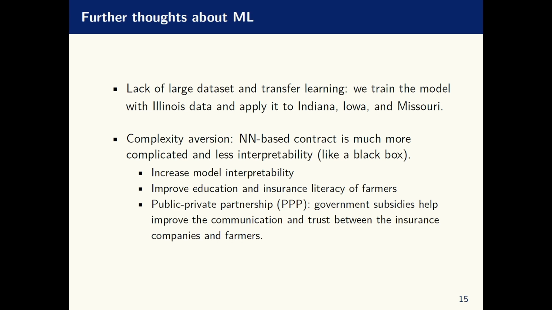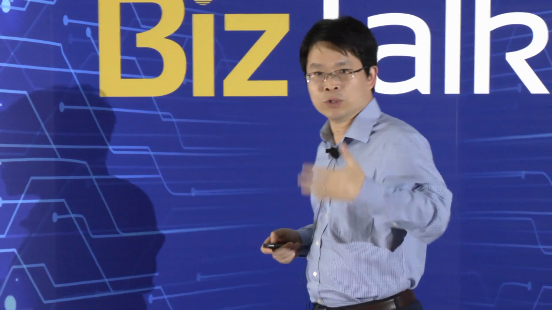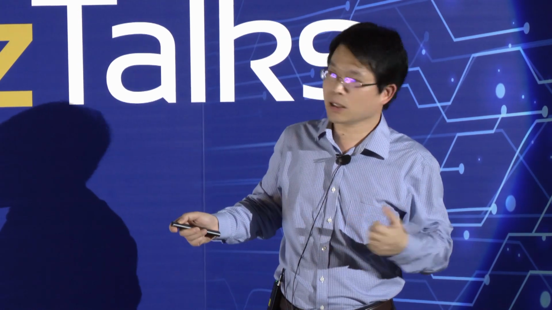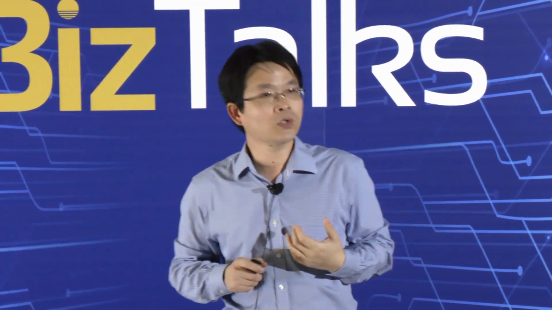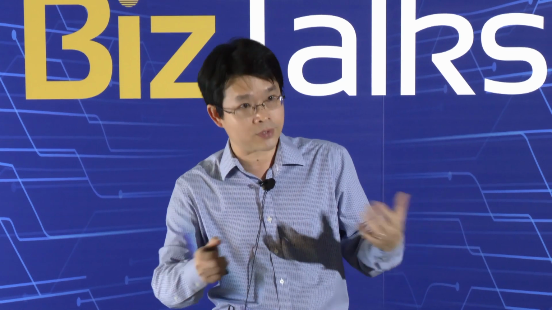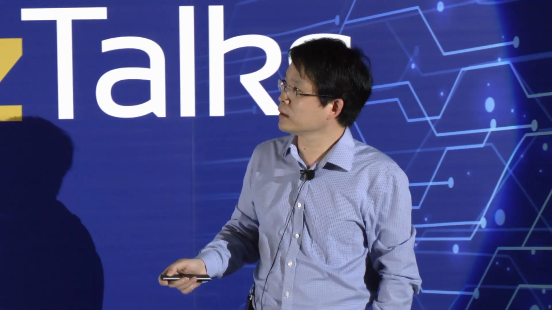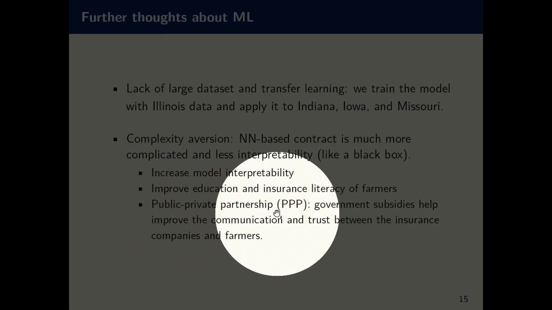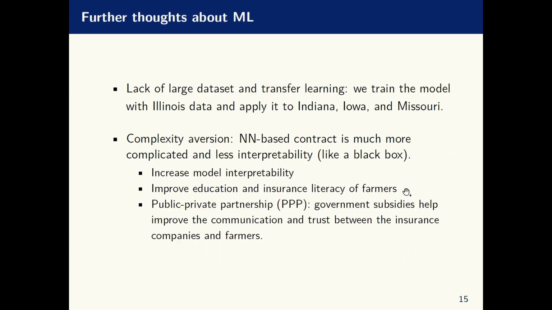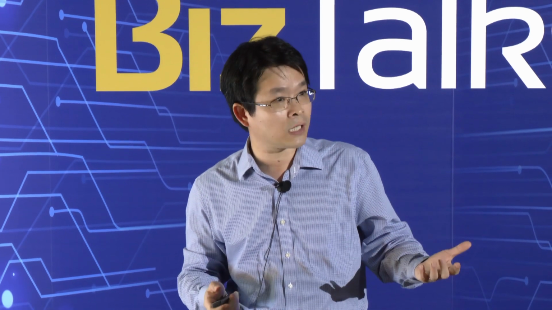So here are a few thoughts here. The first thing, obviously, we need to increase model interpretability, right? So there are a couple of technical ways to handle this. And the second thing is we need to improve the literacy of farmers a bit. And the last approach, I think, is more straightforward, is public-private partnership, PPP, in the sense that we can ask the government to step in, provide some subsidies to this product.